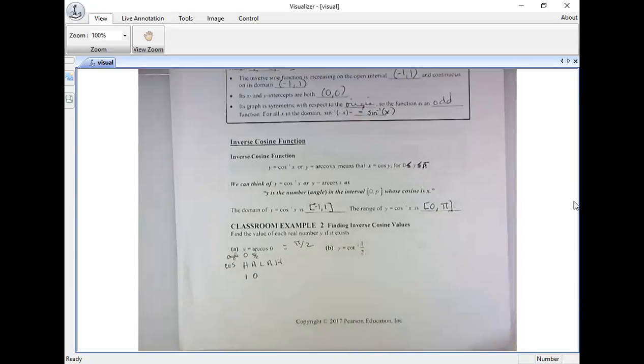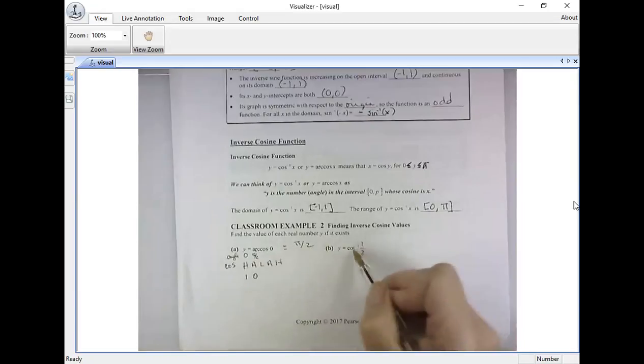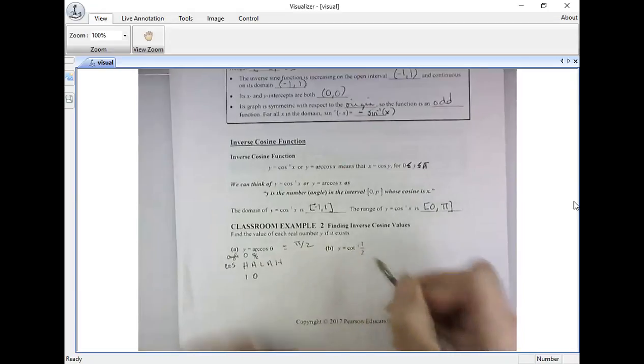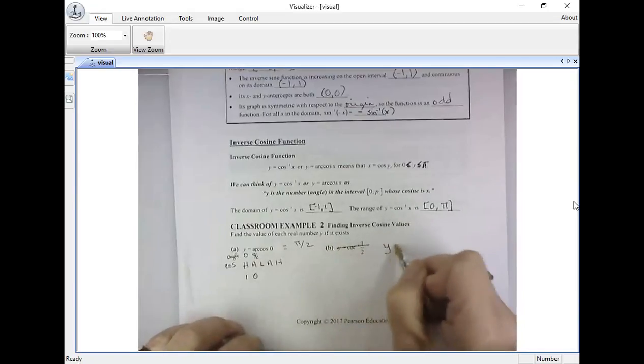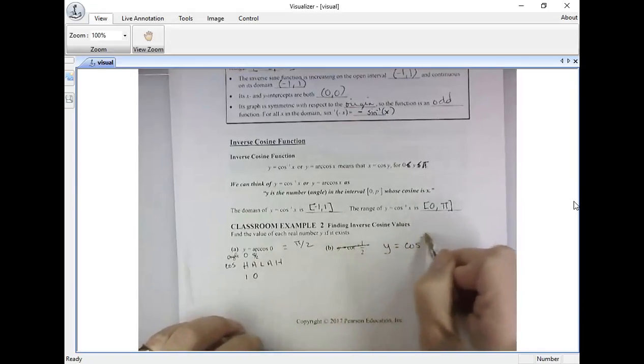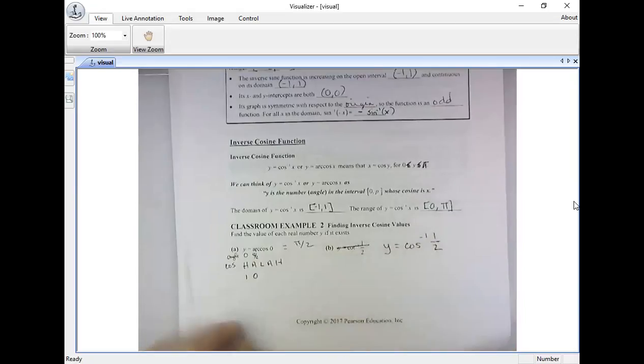Now, how about this? I think that is a typo because we have not talked about cotangent yet. So let's write this as the arc cosine, or the angle whose cosine is 1/2. Now, where would I be? Which quadrant if my cosine is 1/2? Cosine's restricted to which 2 quadrants? 1 and 2.